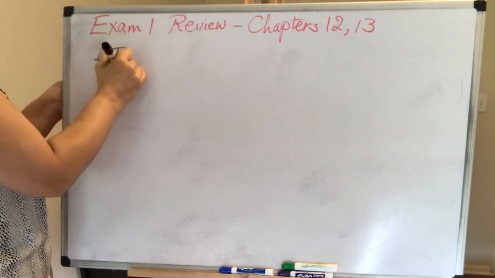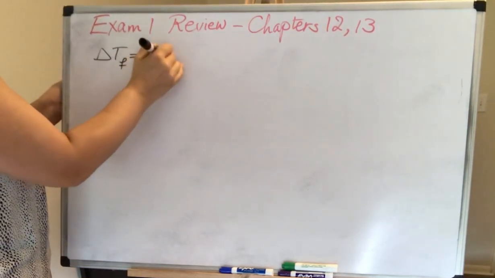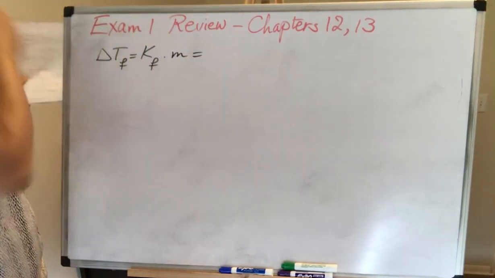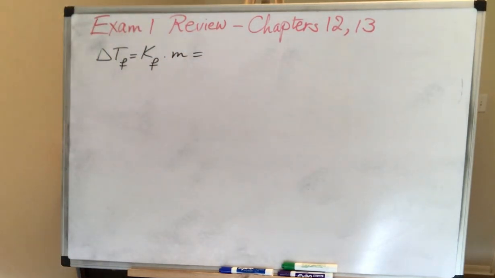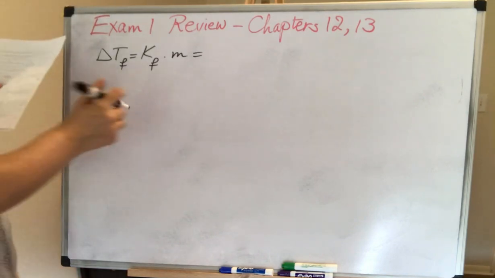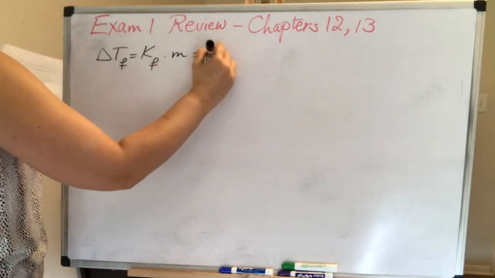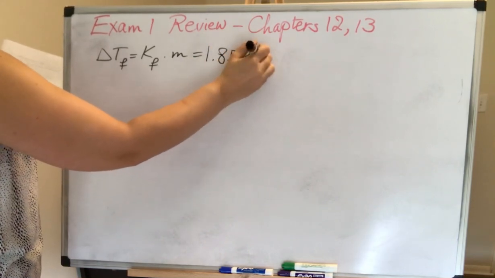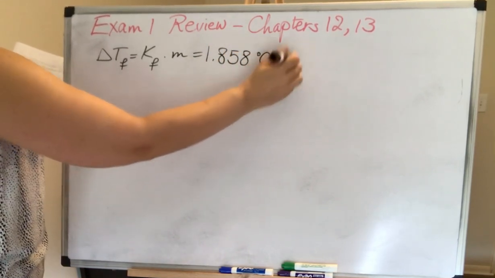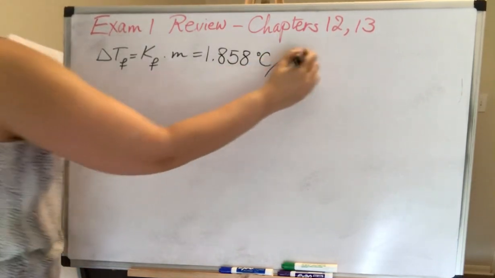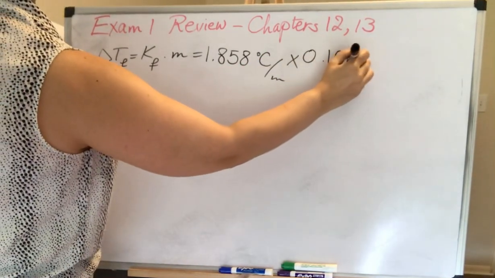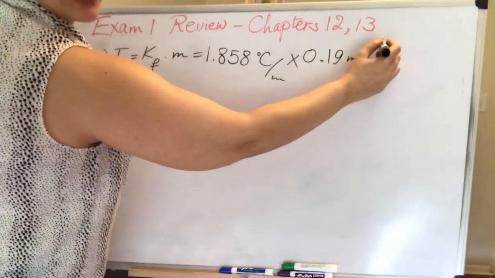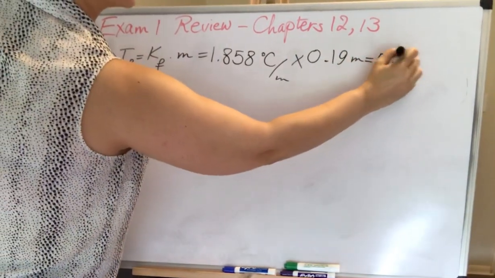Delta TF is KF times m, and KF is given as 1.858 degrees Celsius per molal, and molality is 0.19, which gives delta TF of 0.35.